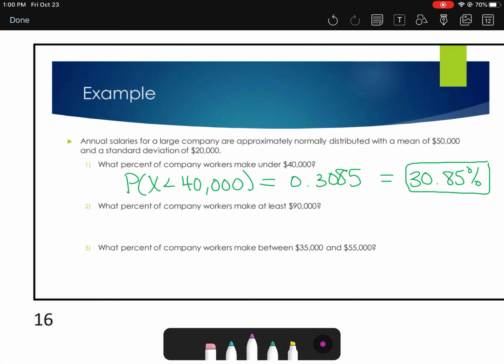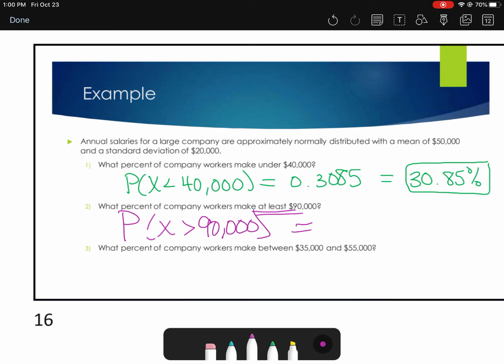Okay, let's go to the next one. What percent of company workers make at least 90,000? So at least means that that's going to be greater. Okay, so greater than means it's 1 minus the probability that it's less than 90.